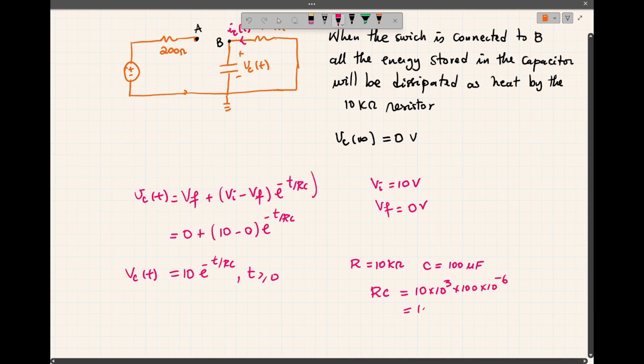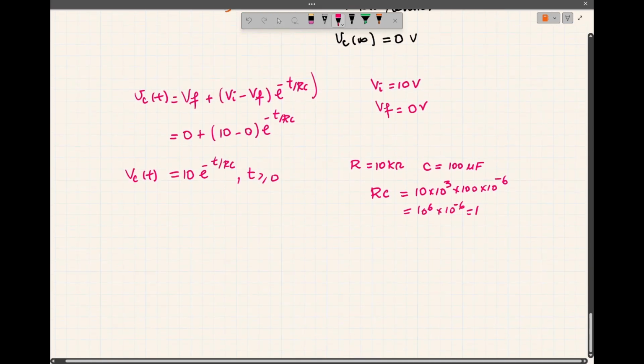So we have 10 to the 6 times 10 to the negative 6, which is 1. So the time constant RC equal to 1 second. Vc of t will be equal to 10 e to the negative t, t bigger or equal to 0.